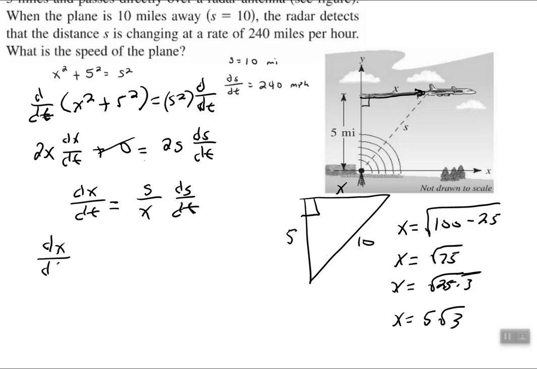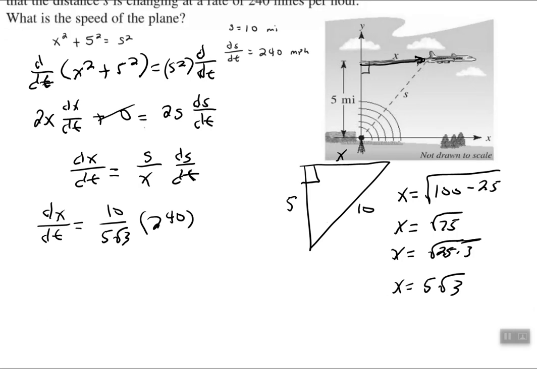All right, so let's come back over here and substitute everything in. When s is 10, x is equal to 5 times the square root of 3, times 240 for ds/dt. All right. Let's see here. So we know that 5 will go into 10 2 times.